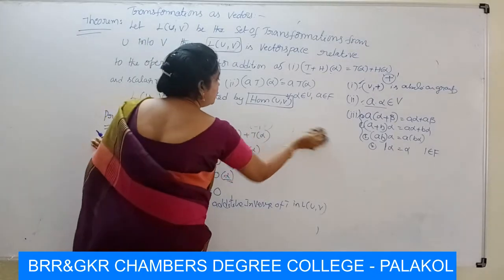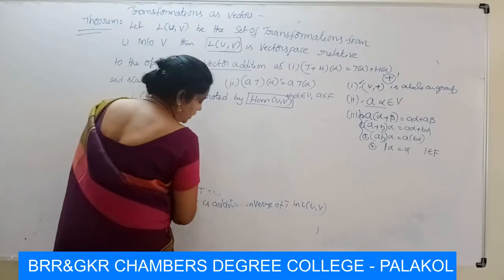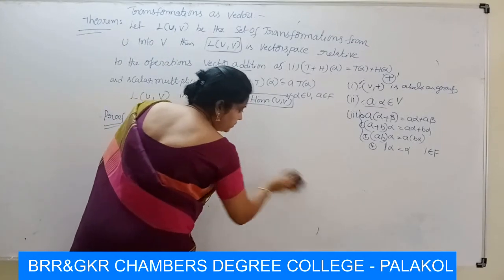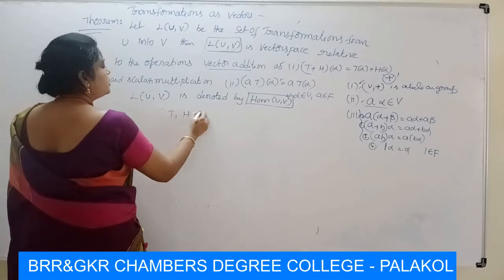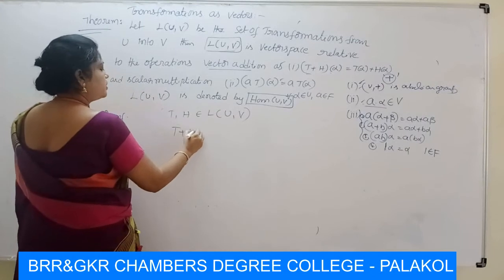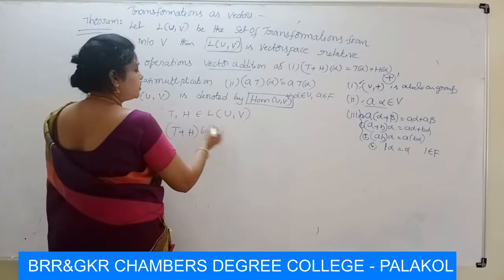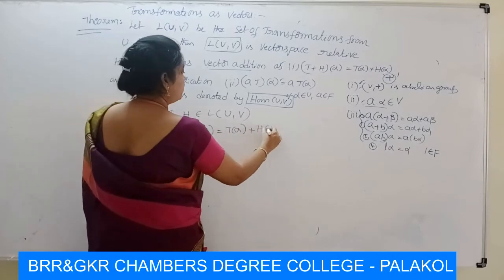Next, the commutative law with respect to addition, that is T plus H is equal to H plus T. We have to prove T plus H is equal to H plus T. We take T comma H belonging to L of UV. Then T plus H of alpha is equal to the sum of the transformations, T of alpha plus H of alpha.